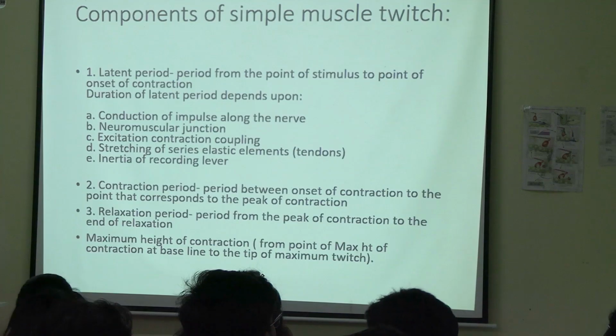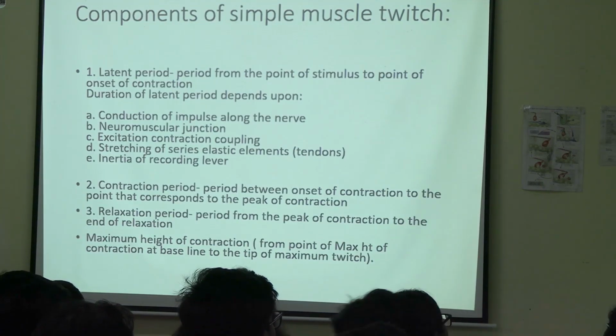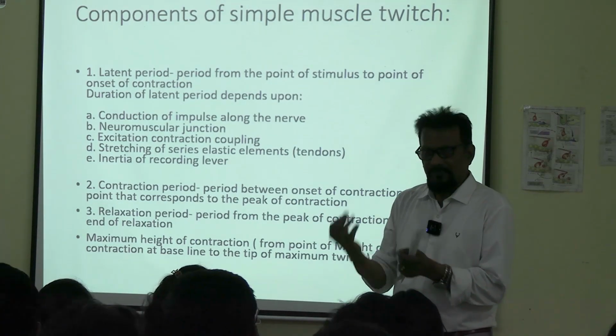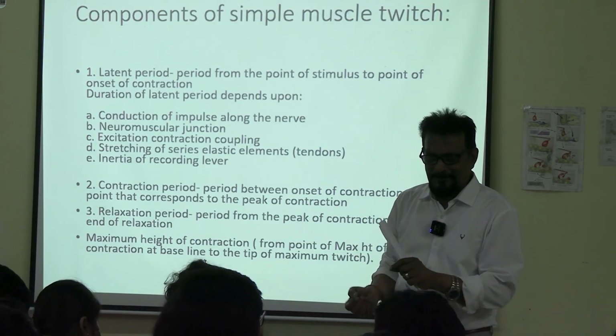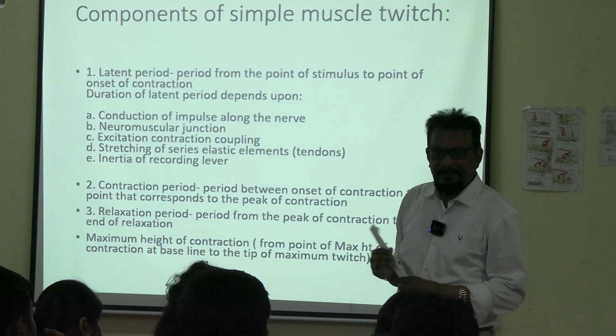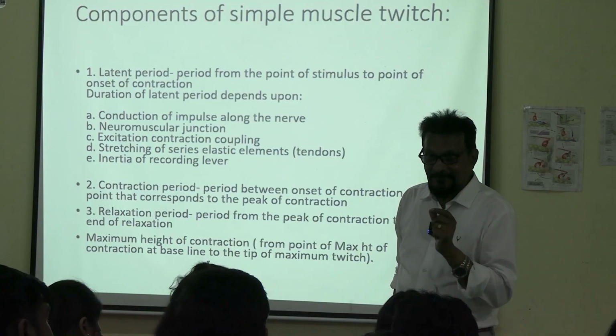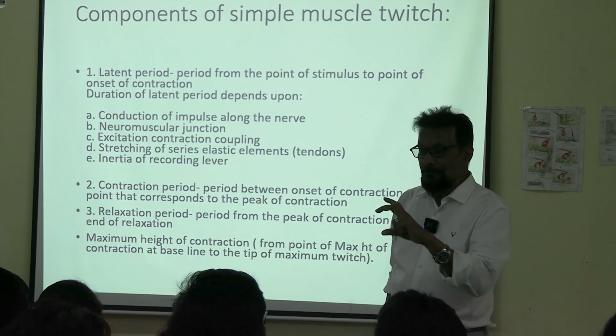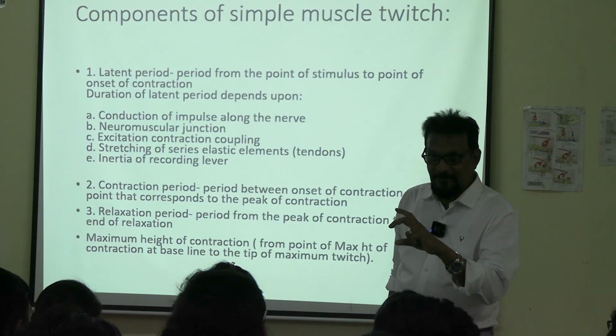Some contraction may be, you have applied some drugs, then again you applied a stimulation, what you got? Height is reduced. Then what is the observation? The contraction will be less. Less force of contraction will be generated.